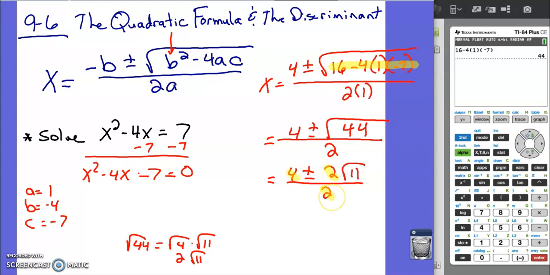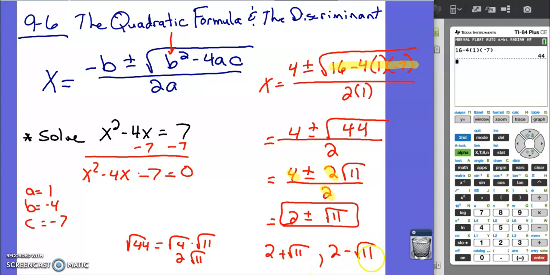If all 3 of these, and it has to be all 3 of them, can simplify by a certain number, which they can all simplify by 2, then you actually simplify it by 2. So you divide all 3 of those by 2, and you don't need over 1. So this right here is your final exact answers. 2 plus the square root of 11, also 2 minus the square root of 11. So those would be your 2 exact answers.